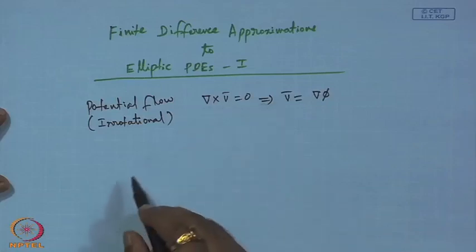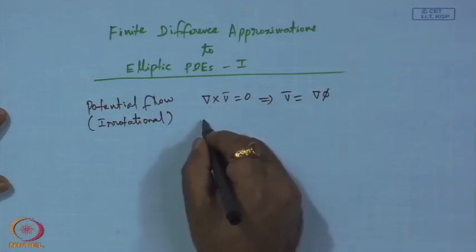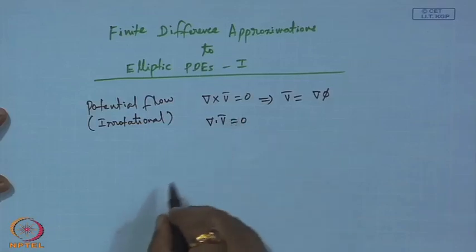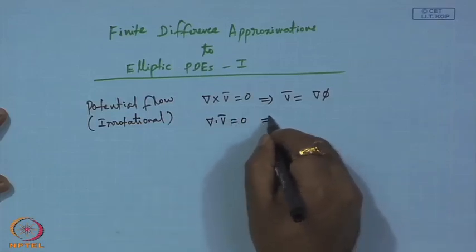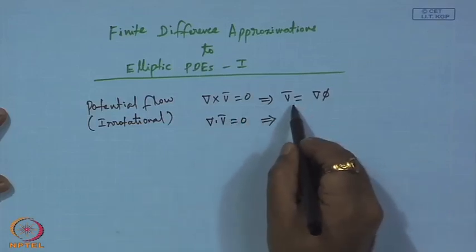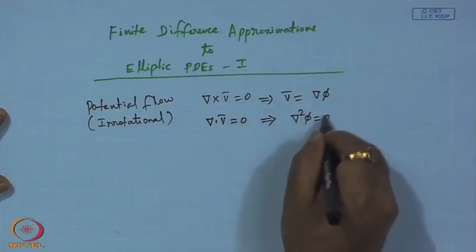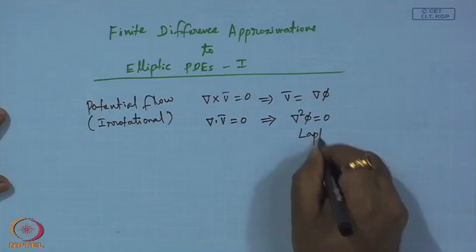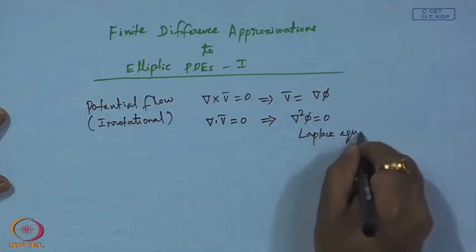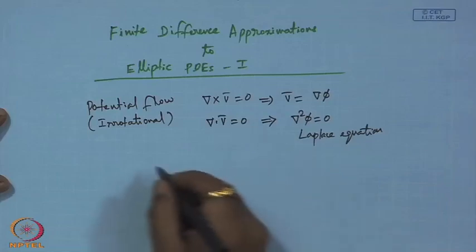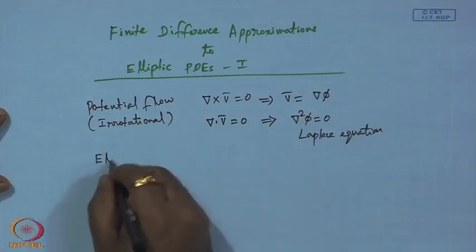Then we have conservation of mass. If we combine this and this, we end up with a very popular Laplace equation.